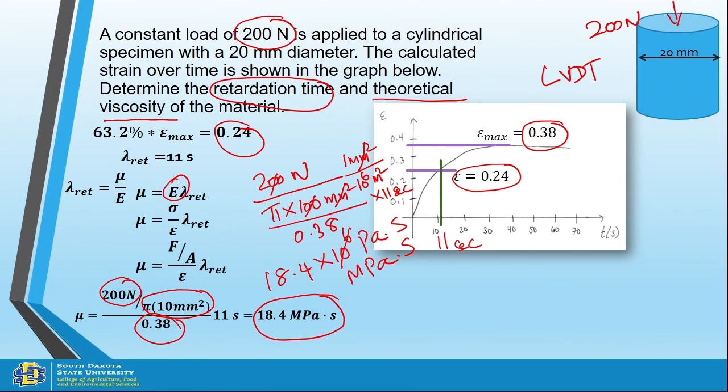Any questions on this example? This is the only way you can try to find the theoretical viscosity of this solid material. There is no other way you can measure the viscosity of solid material.